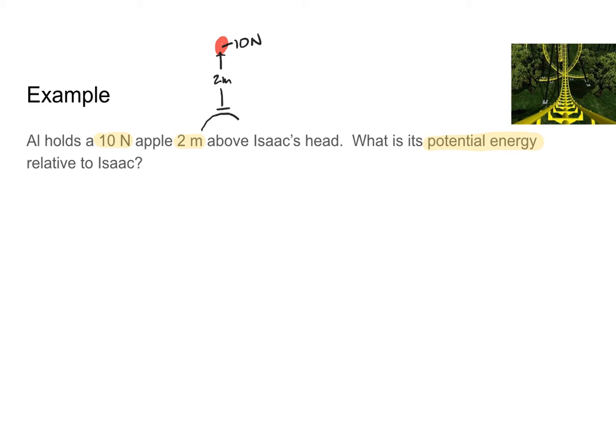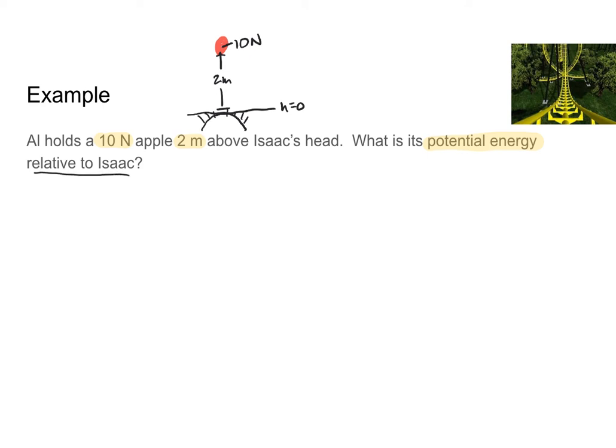And what I'm going to say is that Isaac's head is where my height is 0. So my height for this problem then will be 2 meters. And I know that that's going to be my 0 point because I'm asking relative to Isaac.